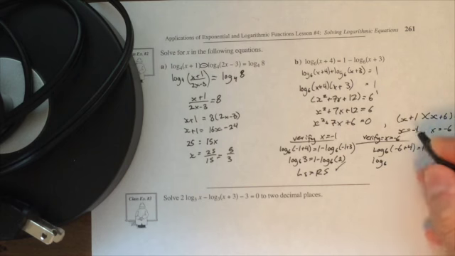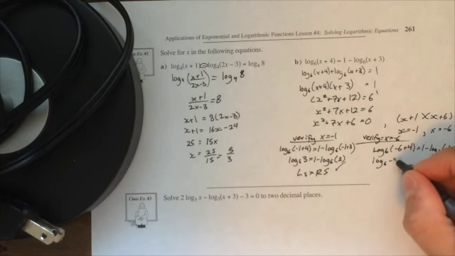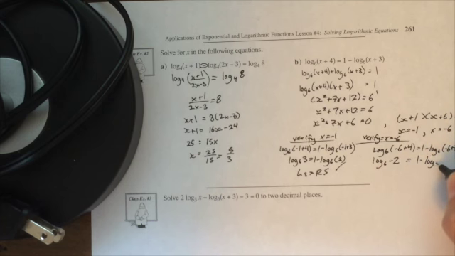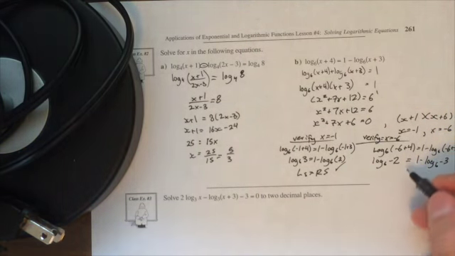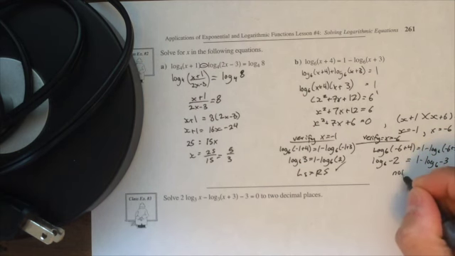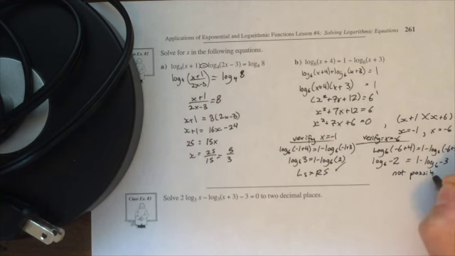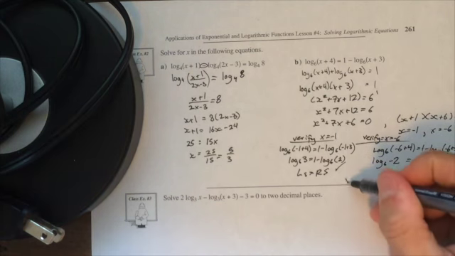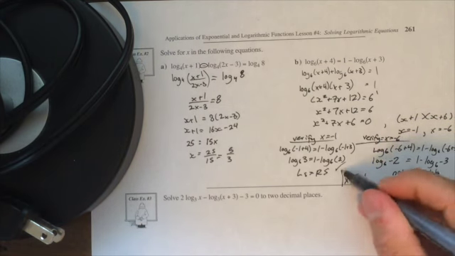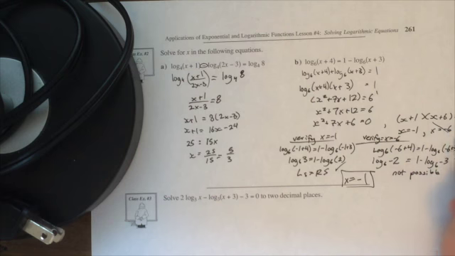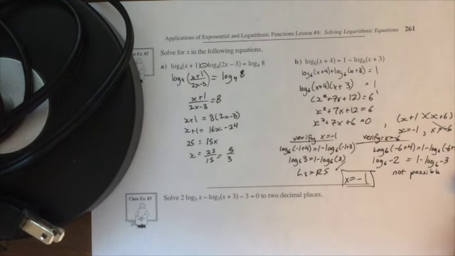So we have log 6 of -2 is equal to 1 minus log 6 of -3. And so right away, I don't even have to calculate this because I know that I can't have negative arguments. So I'm going to say not possible, and then that tells us that x is equal to -1, not -6.